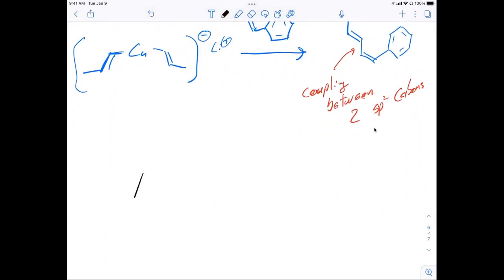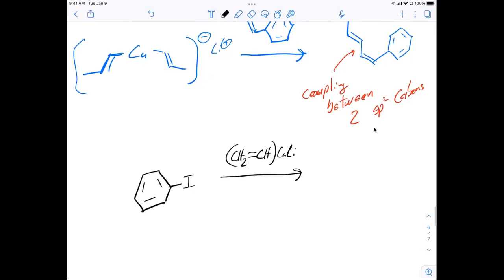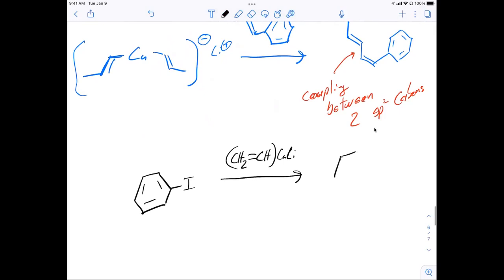We can also do these with aromatics. So I could start with the haloaryl group, add the Gilman, and that will allow me to create a styrene in this case.